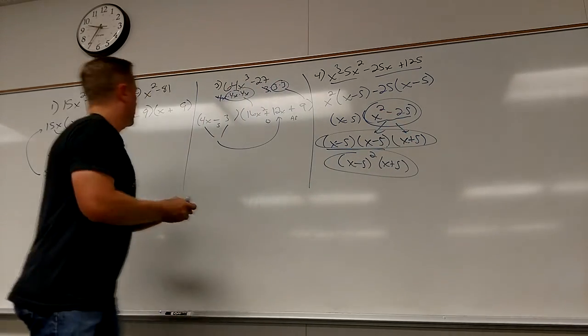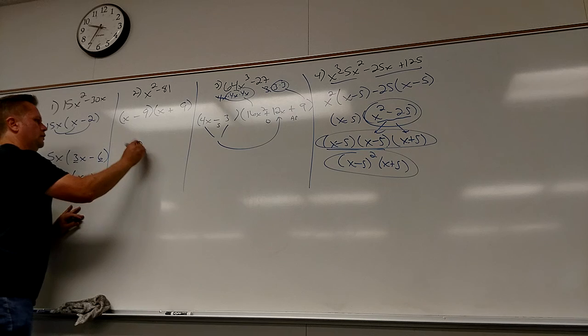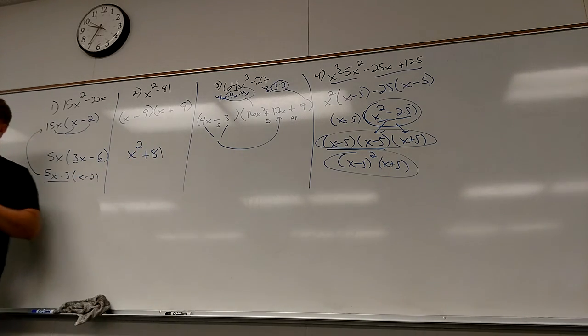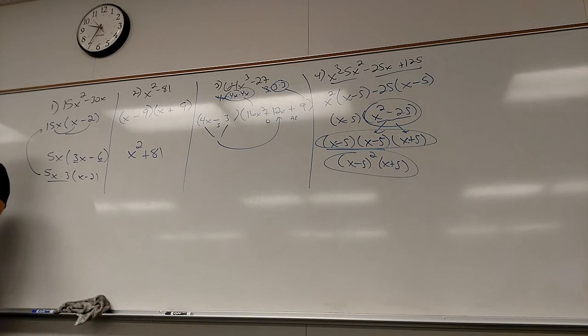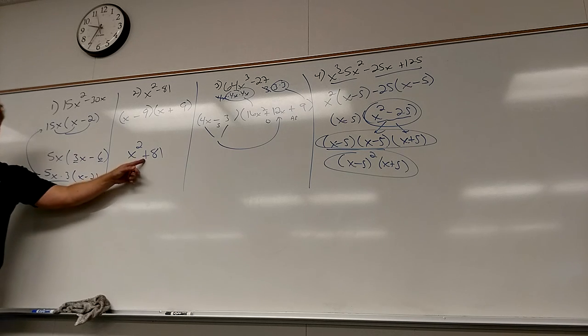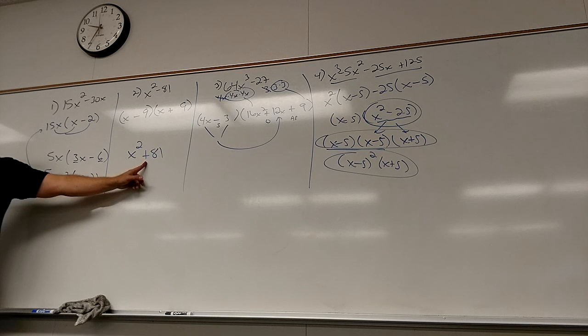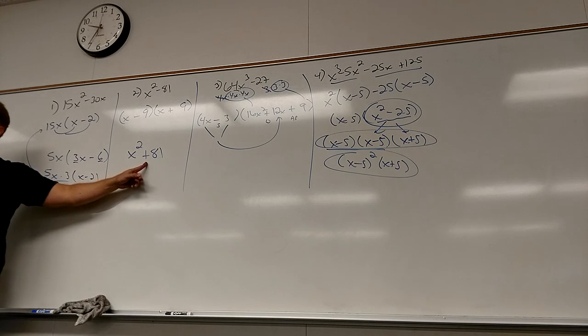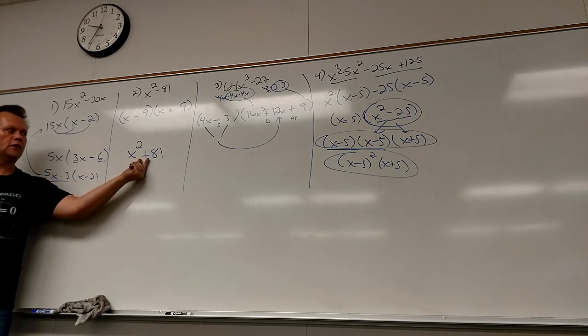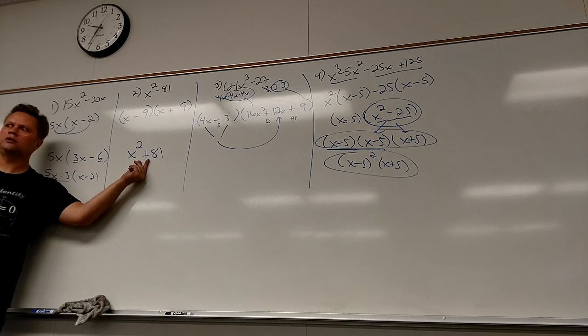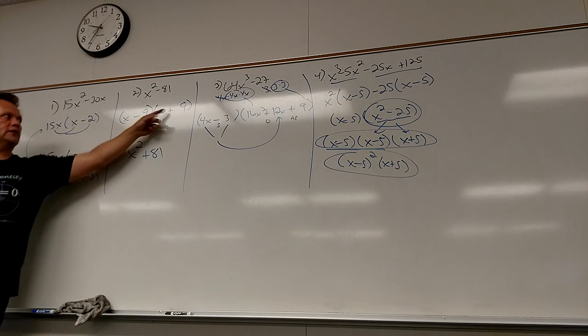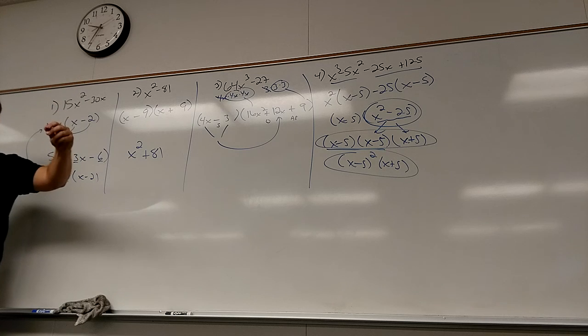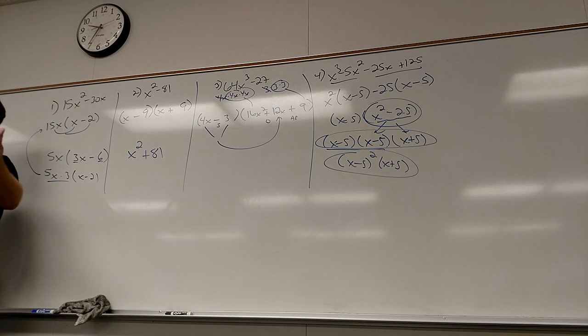Which really explains why, if this had been x squared plus 81, we currently can't factor that, because no real numbers would work. If you thought it was 9 and 9, they don't cancel. Negative 9 and they still don't cancel. This has to be a minus for there to be a real number answer, because the only way things cancel is if they're opposite signs, and if they're opposite signs, they multiply to be negative.